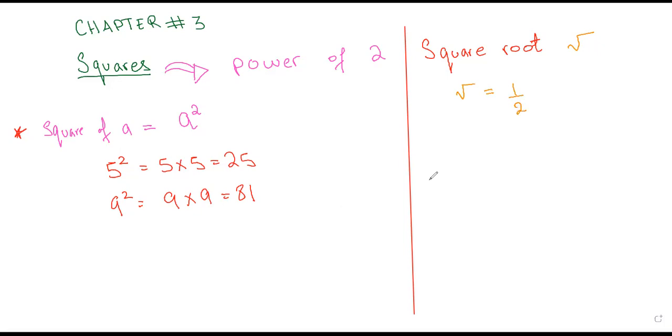For example, if you have under root a, right? The very first thing is that for square root, you can either write this or you can write with a 2 here. Okay, that is okay. Because we have cube roots as well. So be very clear. In cube roots, we write 3. But if you don't have any number here, it means it is a square root. So, and if you write 2, that is okay.